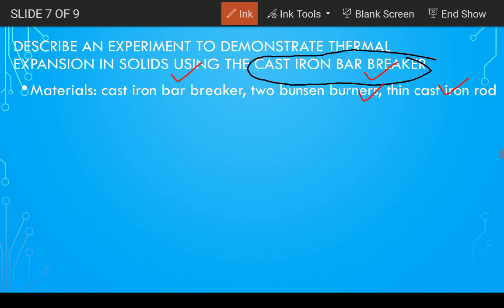Now, in descriptive questions like this, when you have mentioned all the correct materials needed for a particular experiment, usually you get 2 marks. But where a particular question requires, say, 4 or 5 materials, and you happen to mention 3 correct materials, you still get 2 marks.